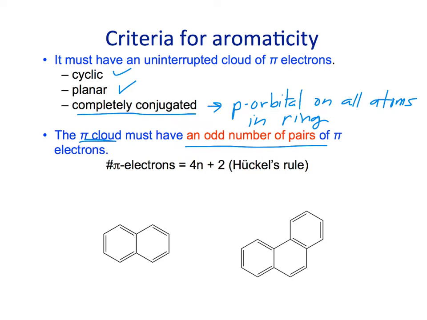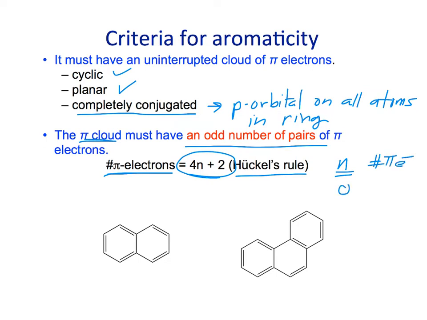So we're looking at pairs, odd number of pairs, or we can use this thing called Huckel's rule. This says the number of pi electrons has to fit this formula right here, 4n plus 2, where n can be any kind of integer number. So if we write these out over here, we could have an n value, and we could have the number of pi electrons.